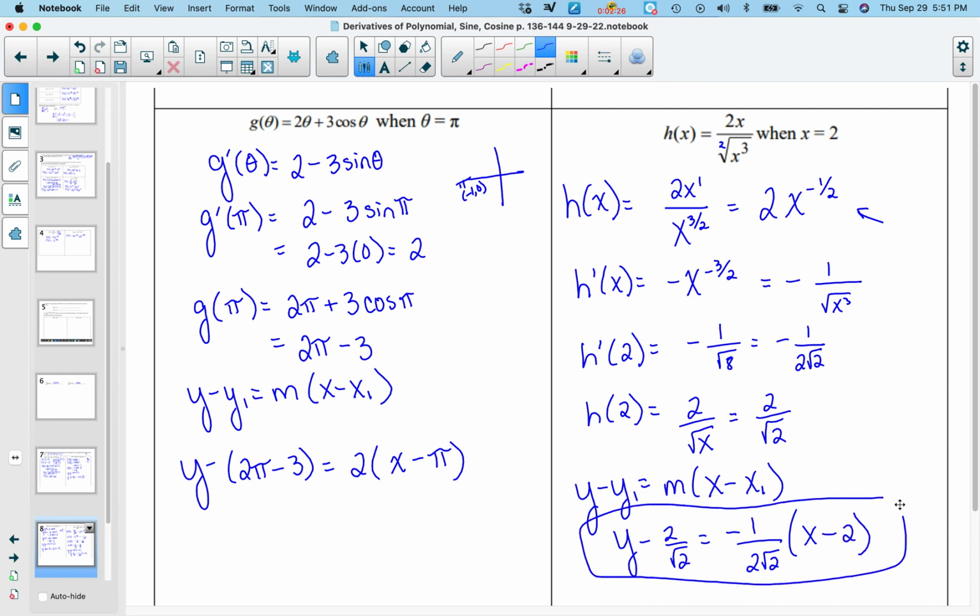And I'm going to leave it like that. So that would be the equation of my tangent line. Again, notice what we're doing in all these cases. We're finding the derivative, plugging in the value to find the slope of the tangent line. Then we are plugging the value into the original function to find the y value, so that we have all the pieces to write the equation of our tangent line.